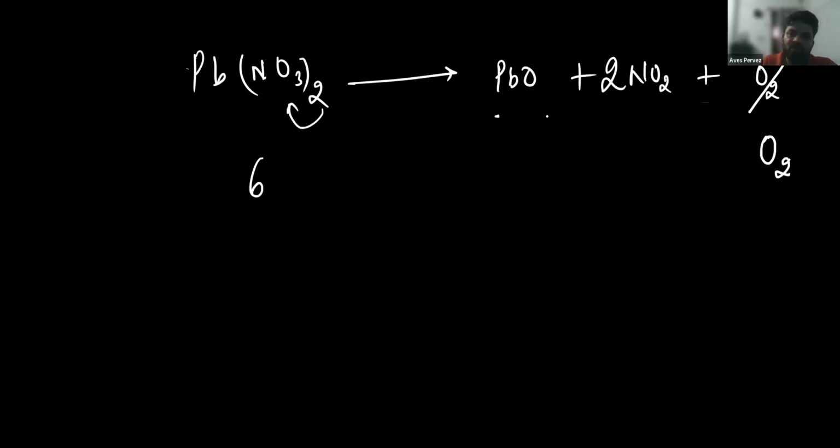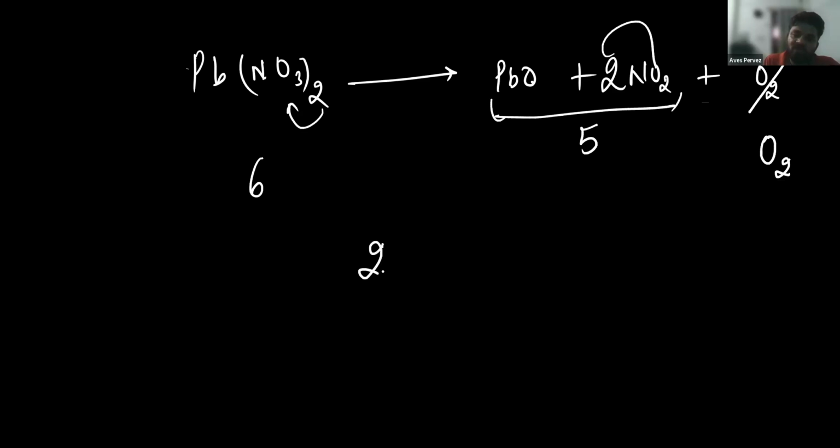Here we already have 1 and 4, that is 5 oxygen atoms. If it becomes 1, then 5 plus 1 will be 6. You cannot write O alone, because oxygen has no independent existence. Oxygen always exists in the form of O2.